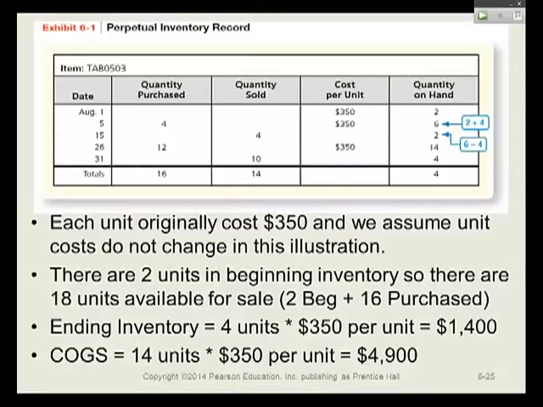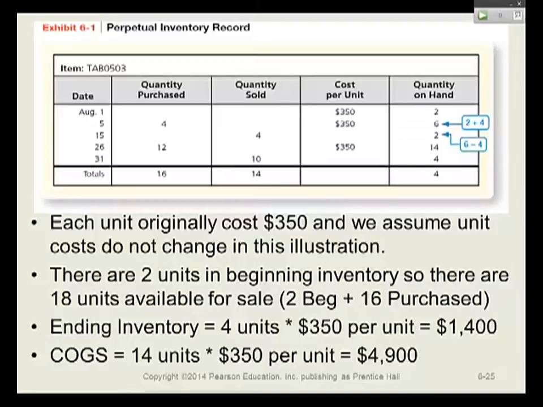All right, so now let me go back. Up on the screen, you can see the unit cost stays at 350. 18 units available for sale, and 4 are left at 1,400 or 350 each, and then of course 14 at 4,900.